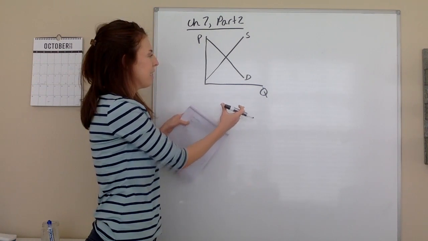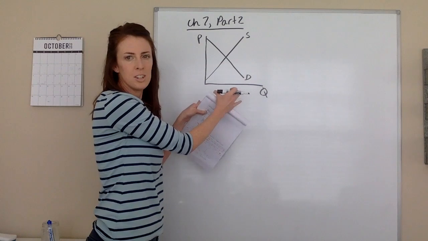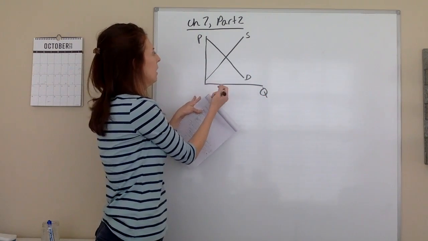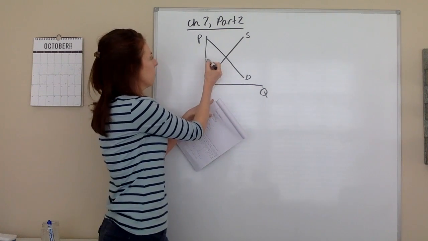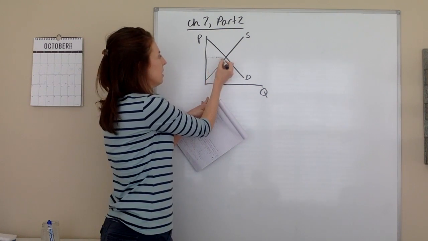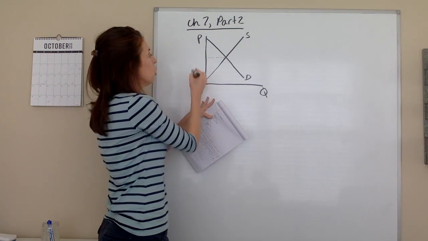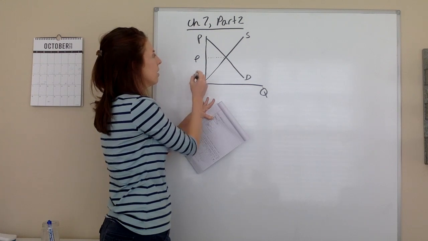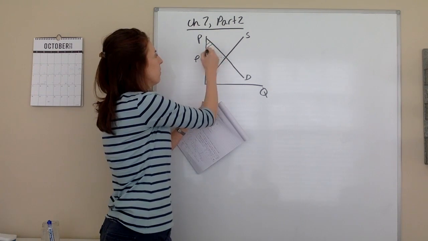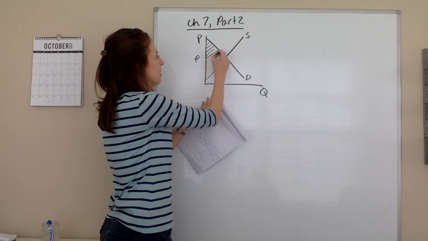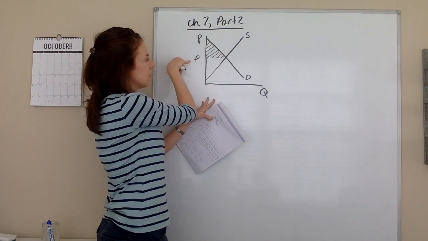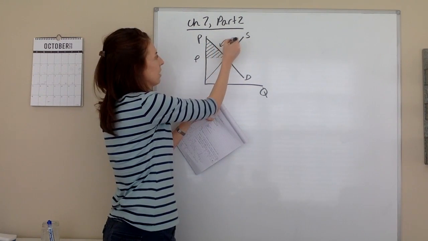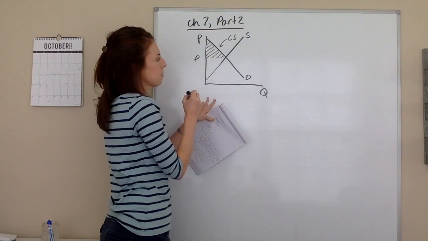It's like the hammer and the screwdriver, the one tool that you can use over and over again to build a whole bunch of different things. What we're going to build here is consumer surplus. If we have this graph, we can find the area of the triangle that exists above the price in the market and below the demand, and this triangle has an area that's equal to consumer surplus.